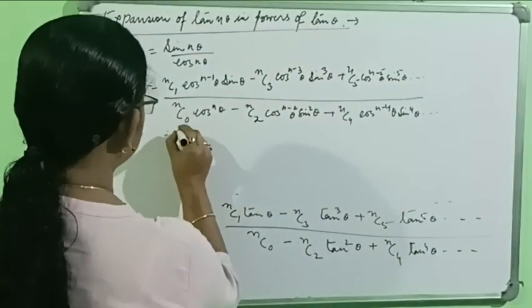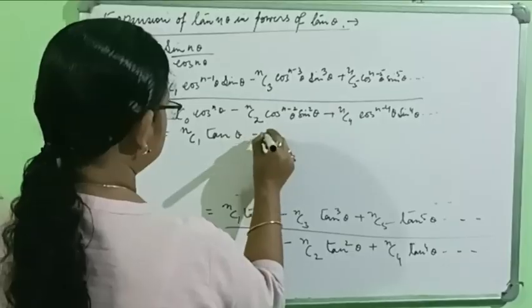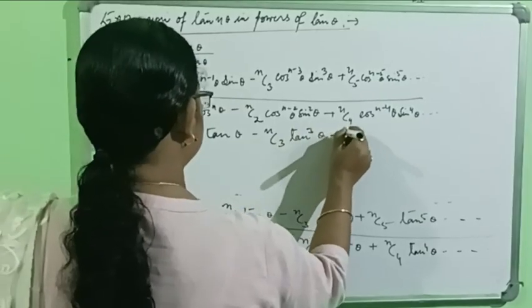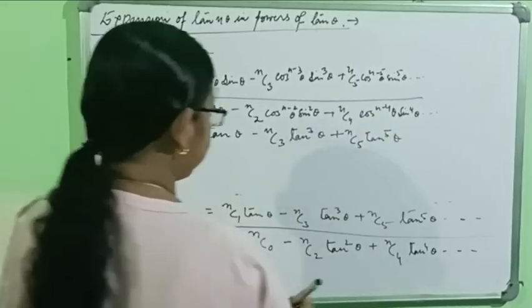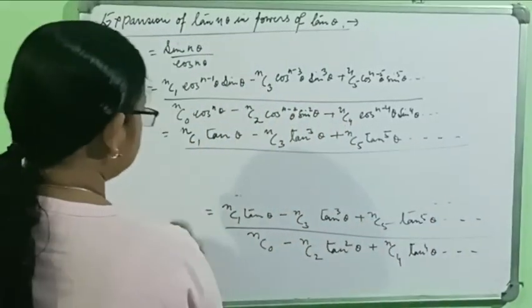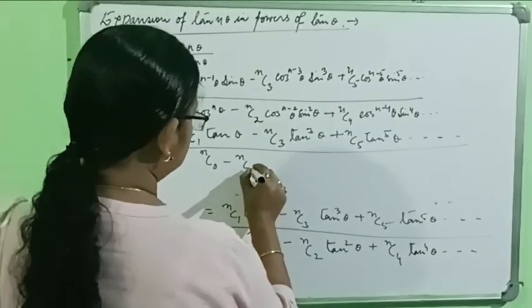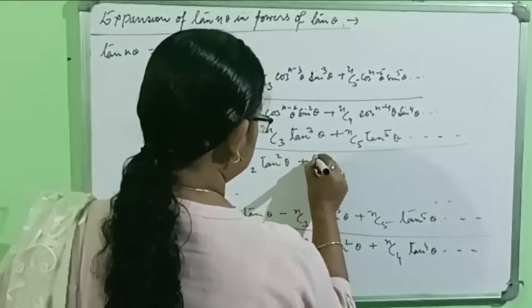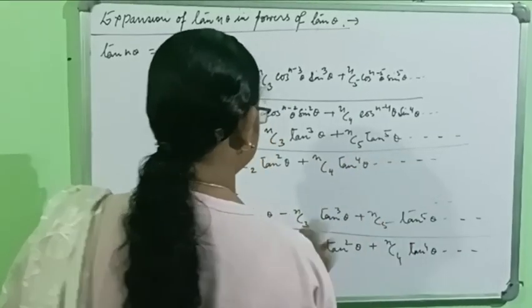This is nC1 tan theta minus nC3 tan cube theta plus nC5 tan^5 theta, divided by nC0 minus nC2 tan square theta plus nC4 tan^4 theta, whole.